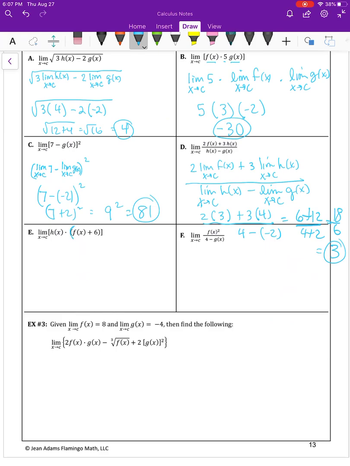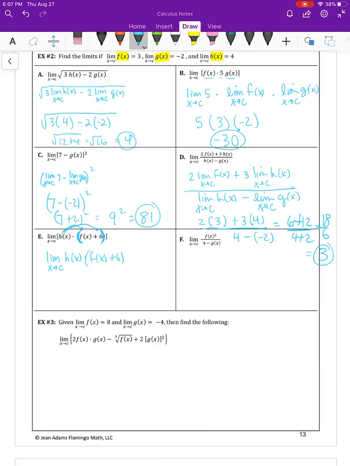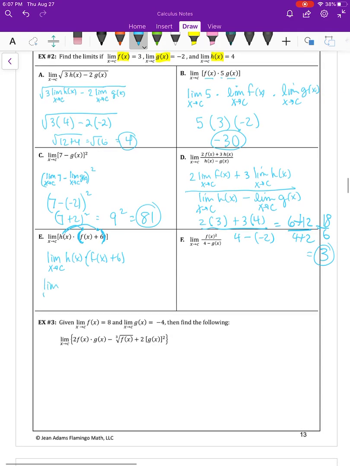This one is a little different. Notice that this is in parentheses, like that. So the h of x could be, you could think of it as distributing it, right? Or you could say, okay, I've got the limit as x approaches c of h of x times the quantity f of x plus 6.